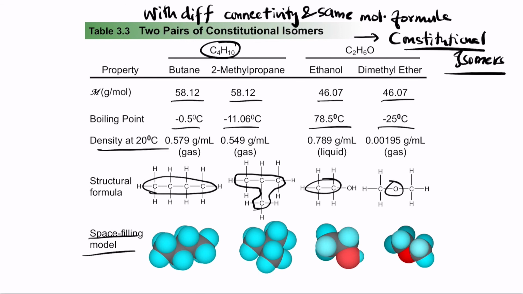So this is why structures cannot be represented just by either the molecular formula or the empirical formula. Empirical formula cannot be used to represent structure, but even molecular formula cannot, because of the presence of constitutional isomers having the same molecular formula but different connectivity between the atoms. So with that we end lecture 1.